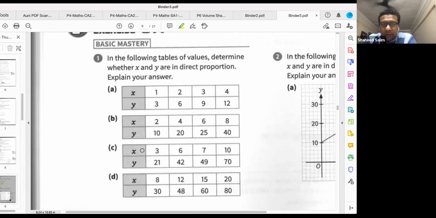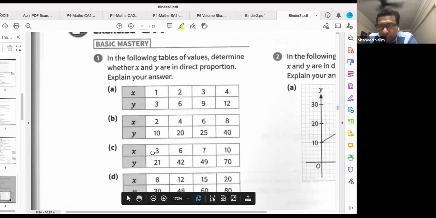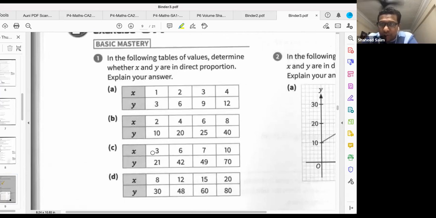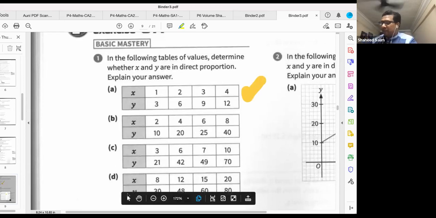How to find out? You've got to find the k. If the k keeps changing, it is not. 3 divided by 1, you get 3. 6 divided by 2, 3. 9 divided by 3, 3. 12 divided by 4, 3. The k is constant, so this is directly proportional. You do B, C, D, please. Tell me whether they're directly proportional or not.